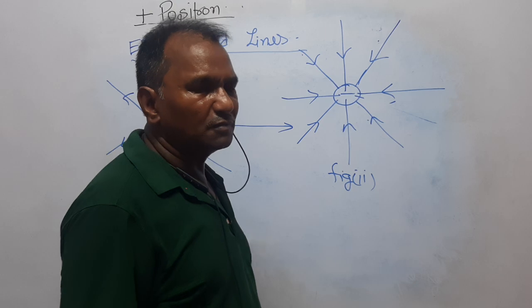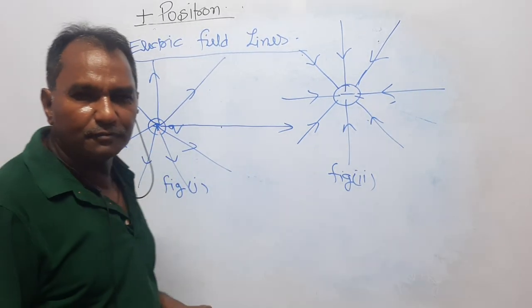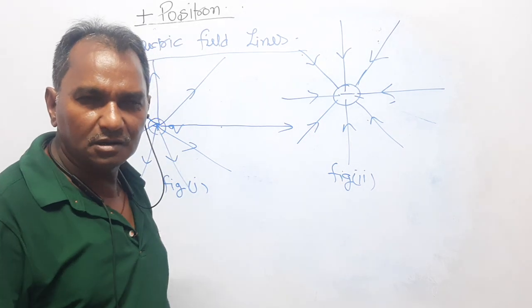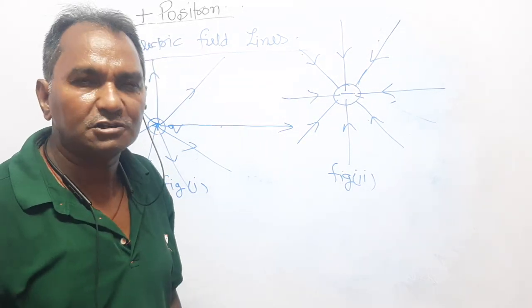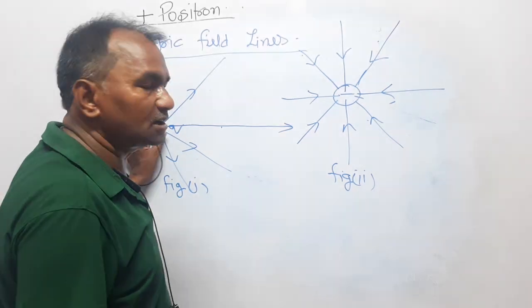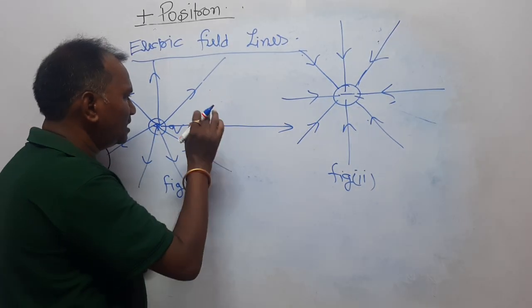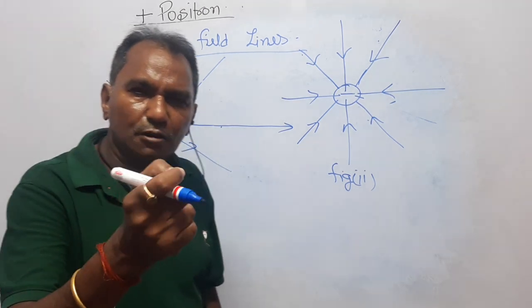Now, dear students, very interesting. This is a positive charge. We have to find out the direction of field due to this positive charge, and we have to derive the field lines. In order to derive the field line anywhere around this, I have put just a positive test charge.